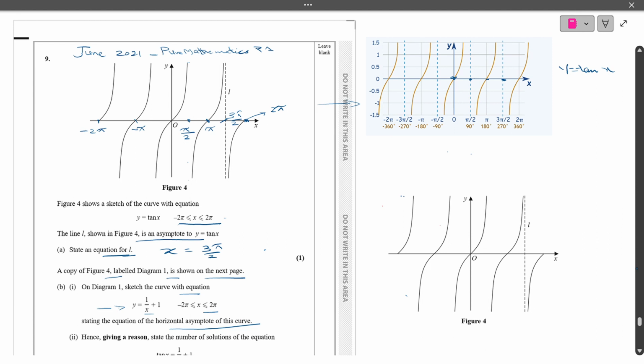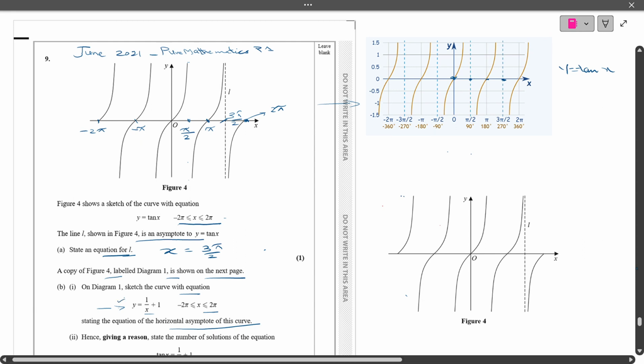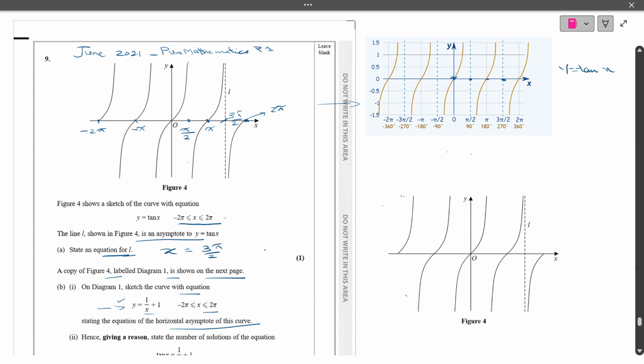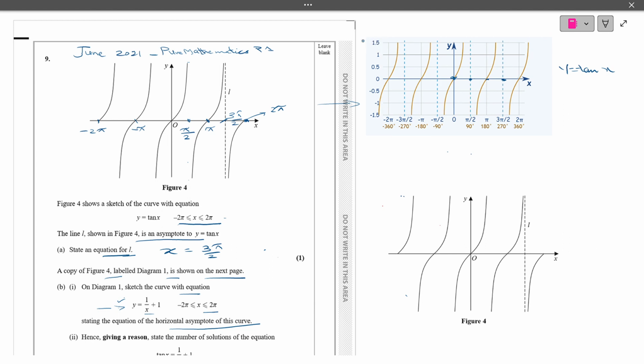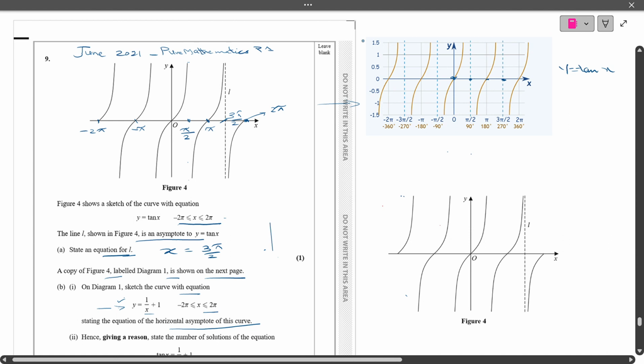So if we look at the given equation y equals 1 over x plus 1, this is basically a reciprocal graph. A reciprocal graph lies in the first quadrant and the third quadrant, something like that. So if I draw it here, let's say this is a straight line and here is another one.